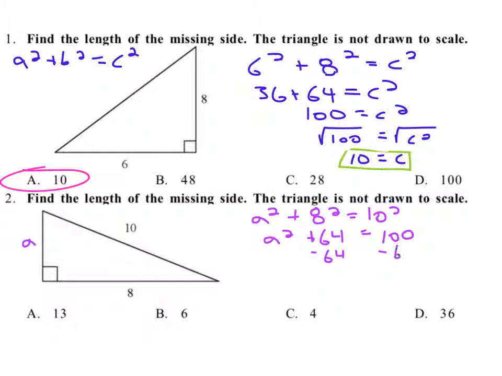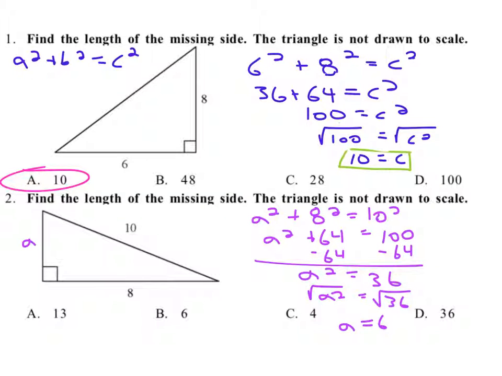And then if you subtract 64, you get a squared equals 36. And notice they're offering that as an answer, but that is not actually our answer because we have not yet square rooted it. So if we were to then say the square root of a squared is equal to the square root of 36, then we would get a is equal to 6, which of course is b.